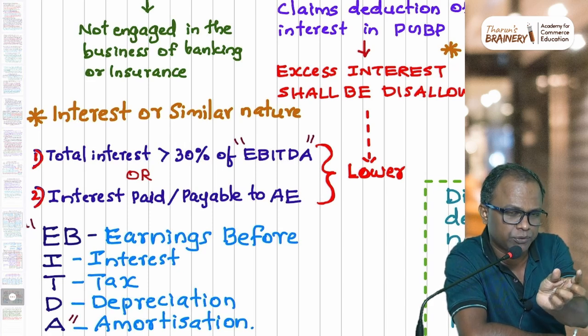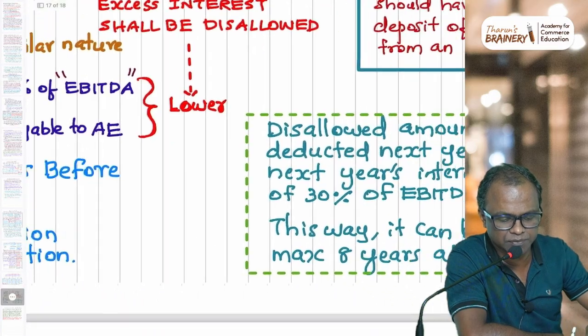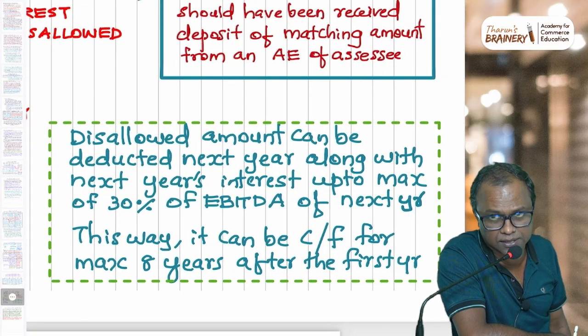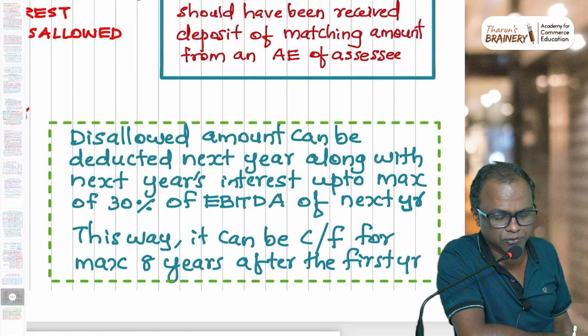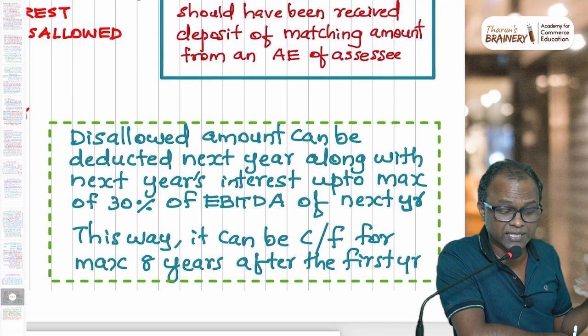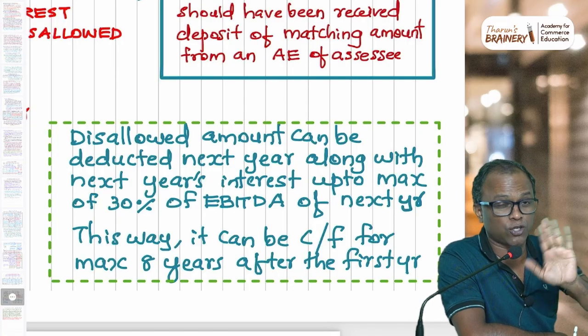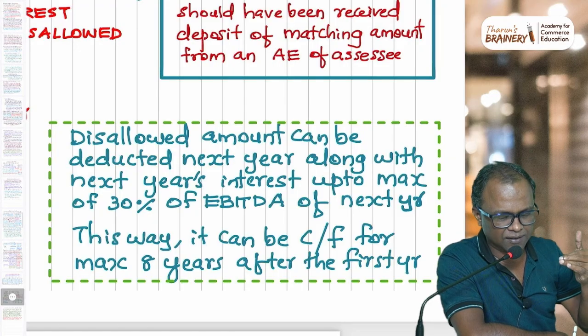To that gap, you can set off this carryover interest in the next year against the PGBP income. So the disallowed amount can be deducted next year along with the next year's interest up to a maximum of 30% of EBITDA. In the next year also, if you have disallowance under 94B, again it should be carried forward. No other way.